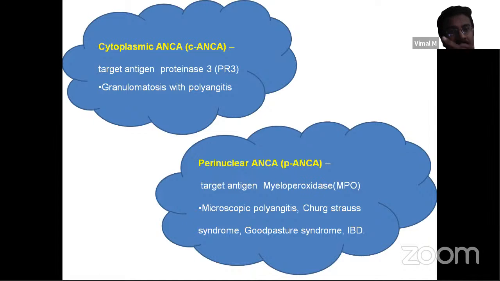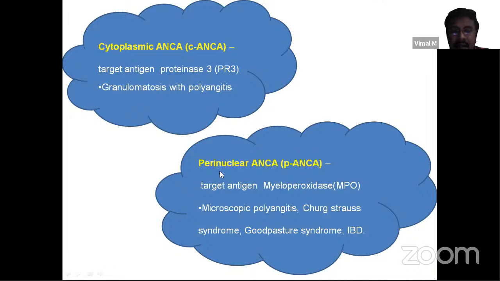So in the exams, they may ask you which ANCA is seen in which condition. C ANCA, that is the cytoplasmic ANCA, is seen in granulomatosis with polyangiitis. The other name which I told is Wegener's granulomatosis, which is called granulomatosis with polyangiitis.